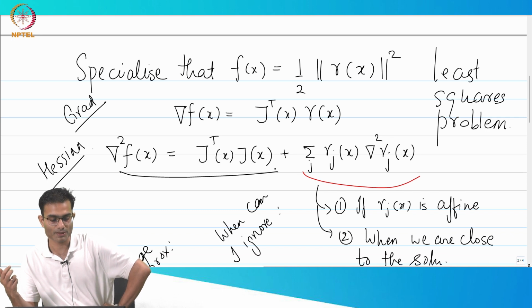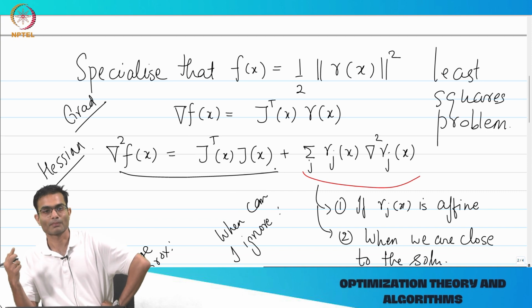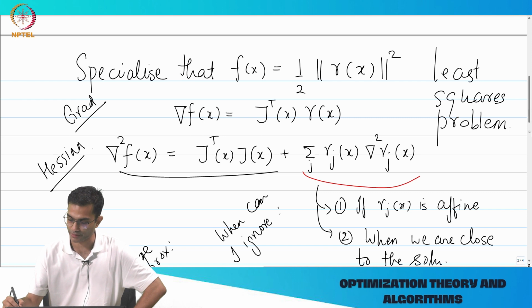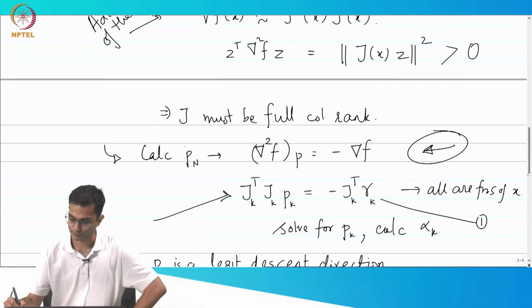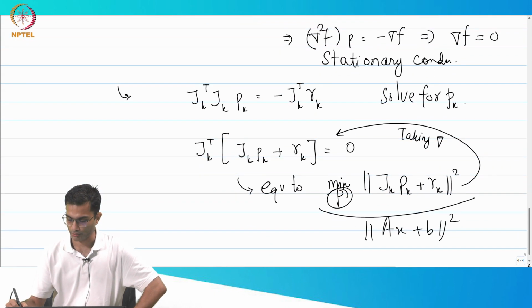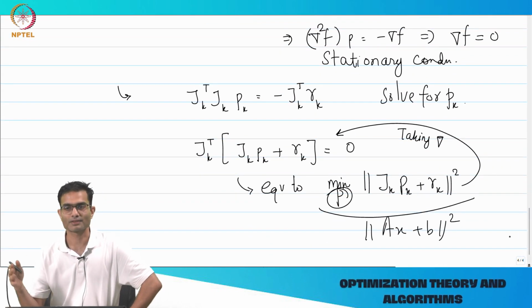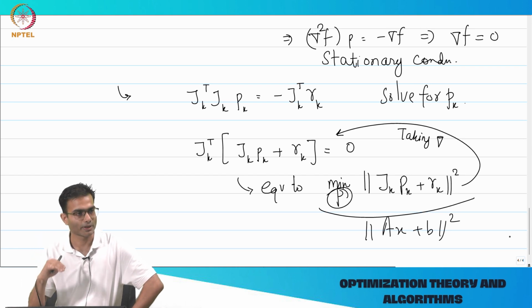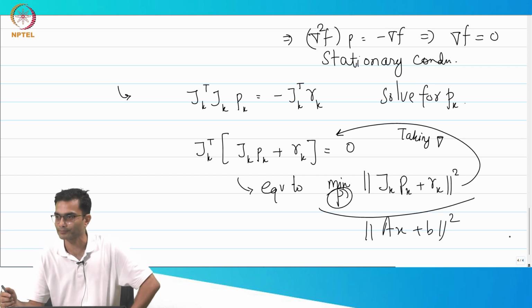In the linear least squares problem, J became a fixed matrix, but now it's J as a function of x. That's the difference. That's why you have to do it iteratively. So all your tricks, truncated SVD and the other things, can now be applied to each of the iterations.